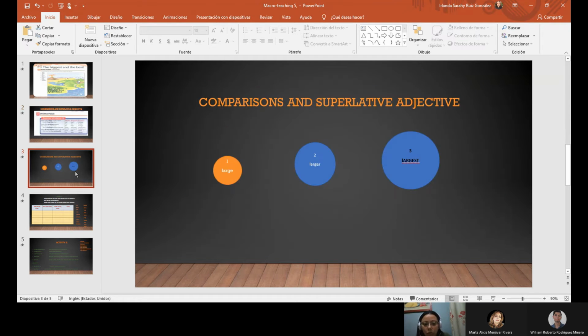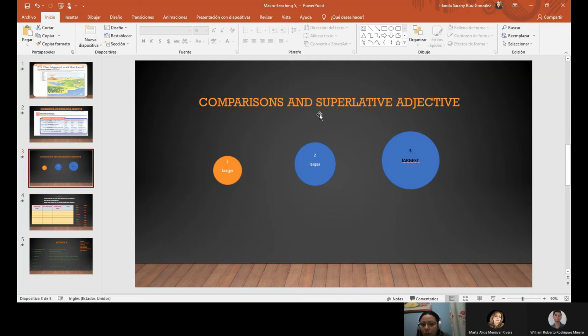I'm going to teach you with this example. For example, the circle number one represents an adjective, large. But the circle number two, the second one, it's larger.